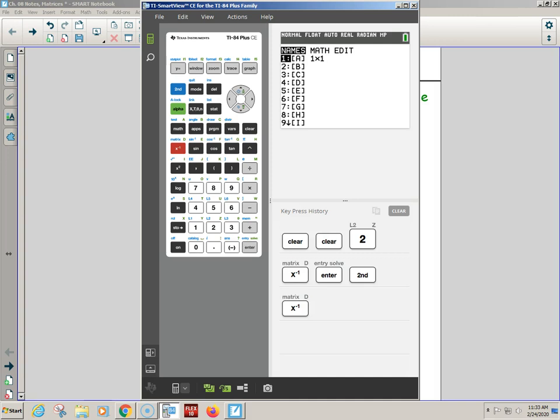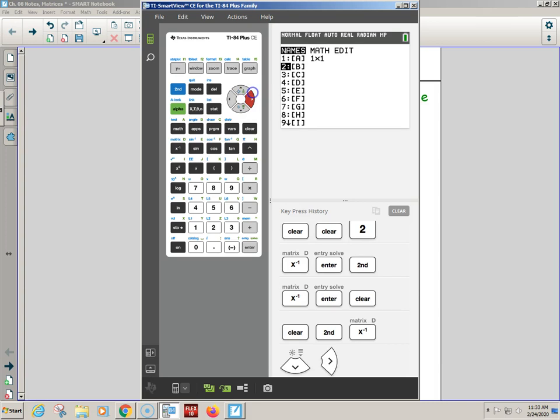I wonder if this button has anything to do with matrix. Maybe yes, maybe no. Okay, so what if I just hit that? That wasn't very exciting. Okay, hold on. Second, inverse, no, reciprocal button. Ooh, there's a whole menu of stuff. Okay, but what else?